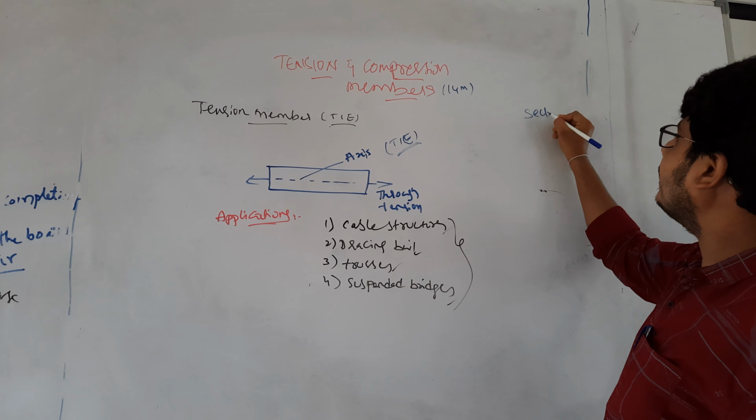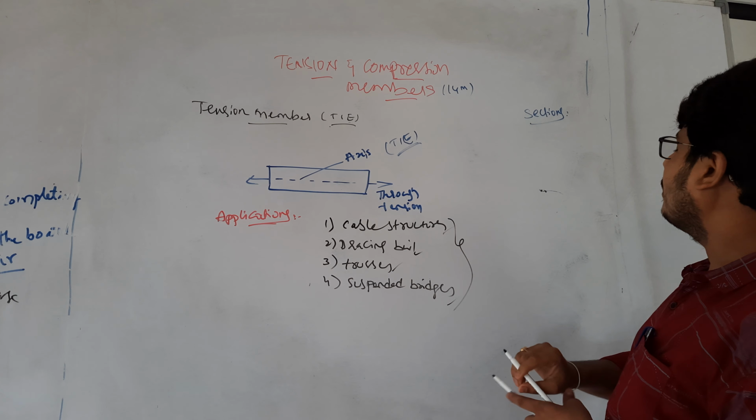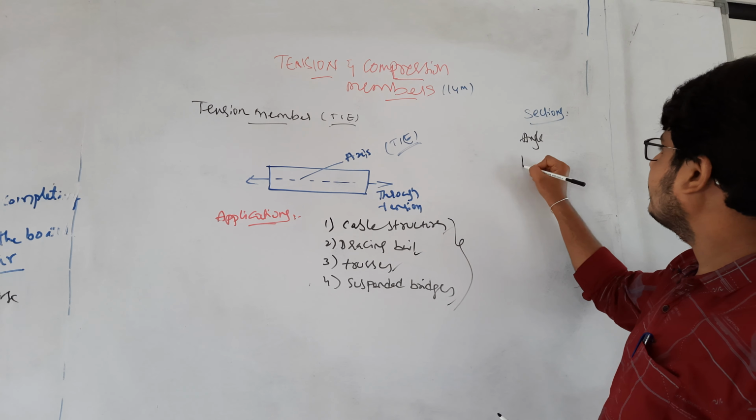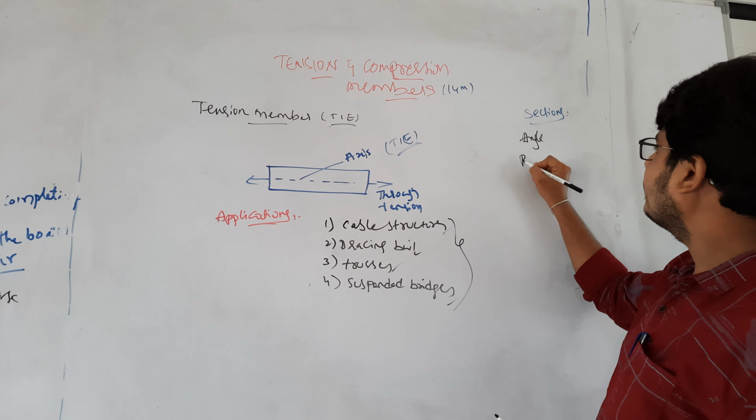The different types of sections are angle section, box section, tubular section, I section, channel section, and T section. This is the basic introduction class for tension members.